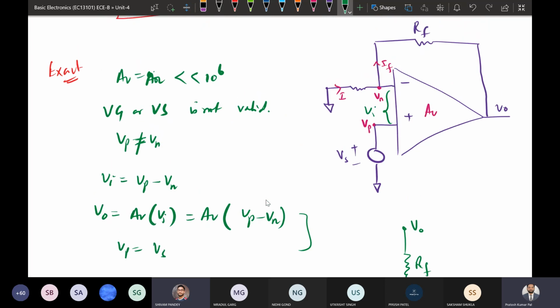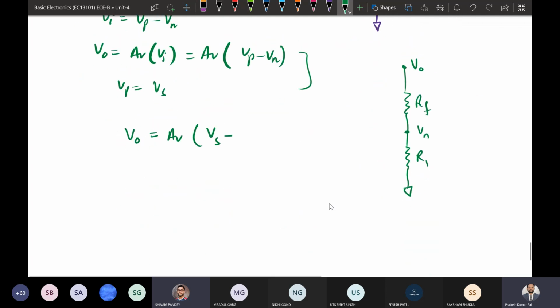Now, to find Vn, by using the voltage divider circuit, Vn will be R1 divided by R1 plus Rf into V0. Okay, so this is the voltage divider circuit. So Vn we can put here, R1 divided by R1 plus Rf into V output. Okay, so this we have got.